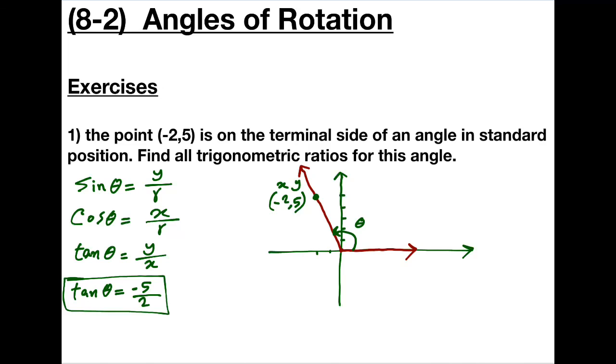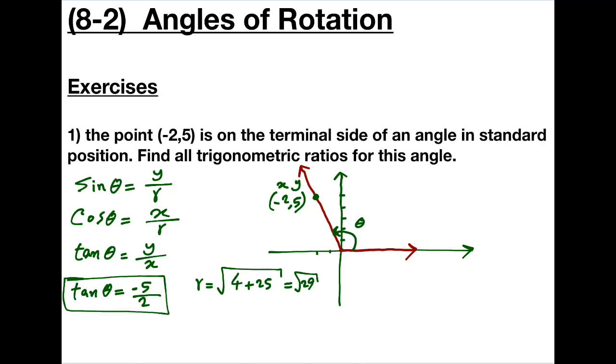So r is the distance. We have to use the distance formula. So r equals the square root of (-2) squared, which is 4, plus 5 squared, which is 25. So that's √29.